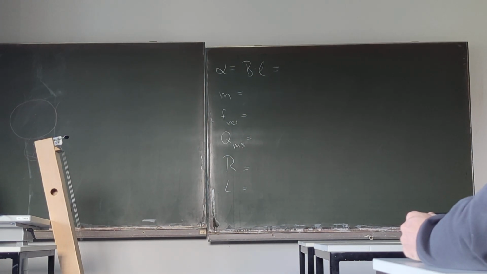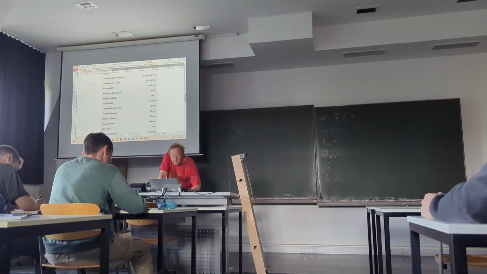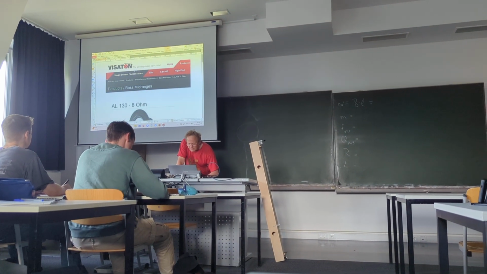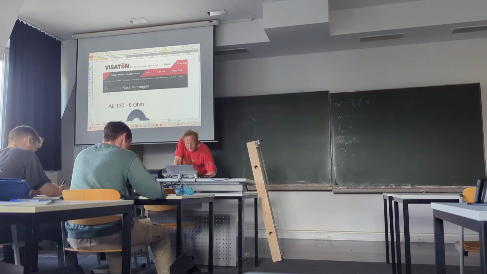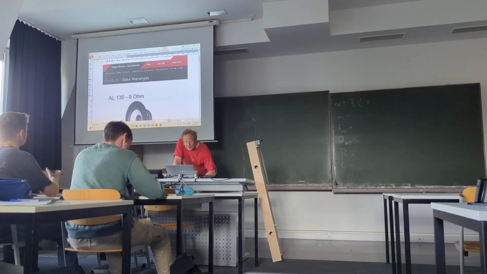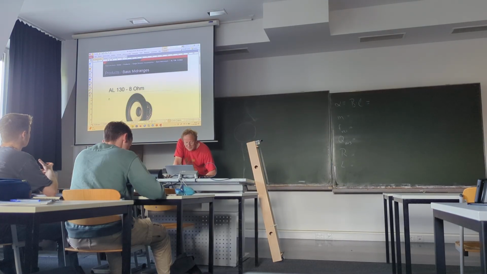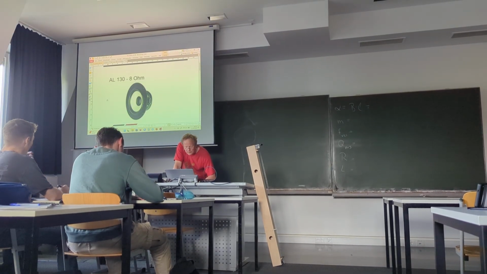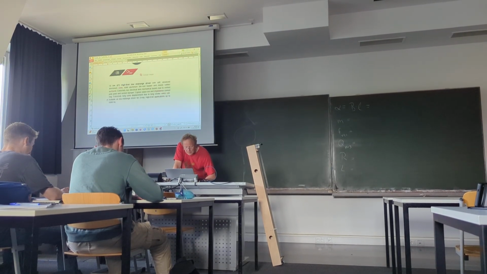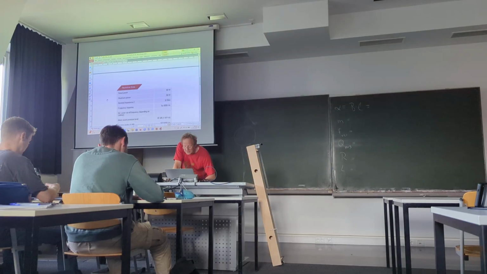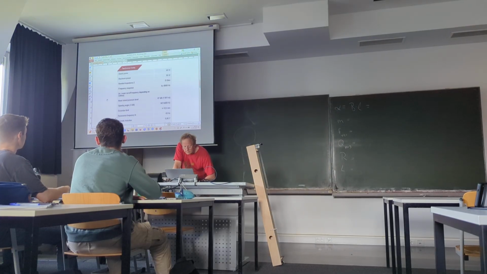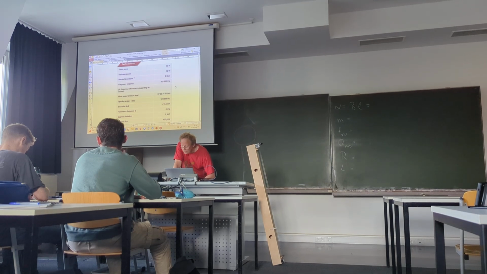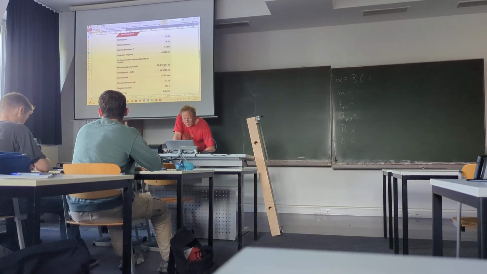Then let's take a look at such a data sheet. It's a German data sheet, but it doesn't matter. Numbers and units are international. So this is the loudspeaker, and here's the technical data. So a lot of information.